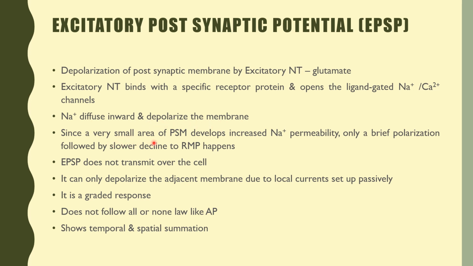Since a very small area of the postsynaptic membrane develops increased sodium permeability, only a brief depolarization will be followed by slow decline to resting membrane potential. What does it mean? It means there is generation of a very brief depolarization.